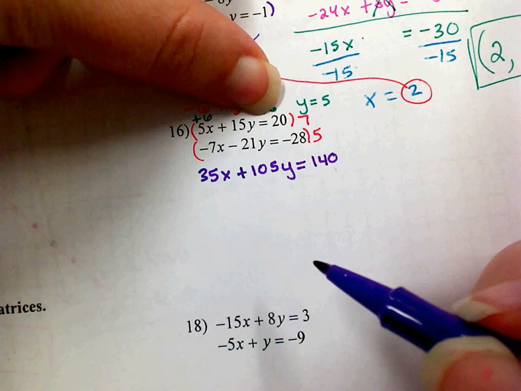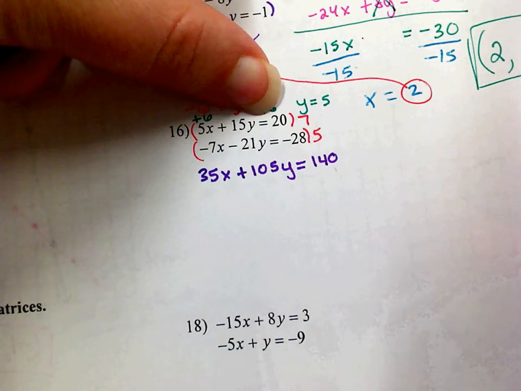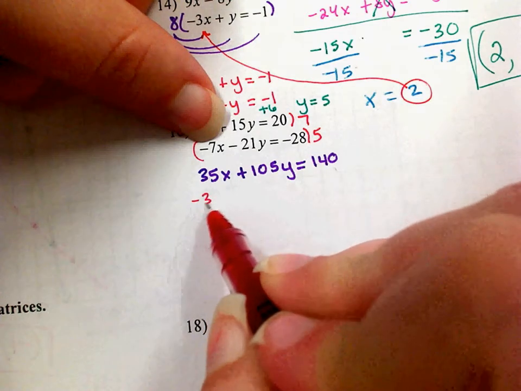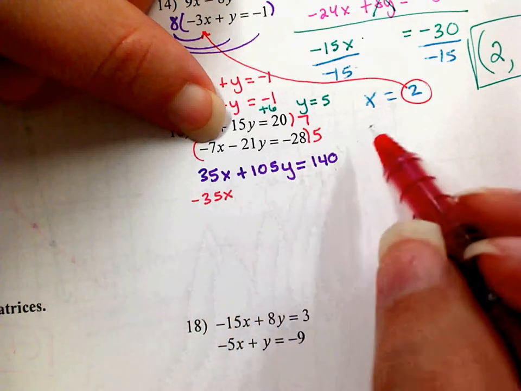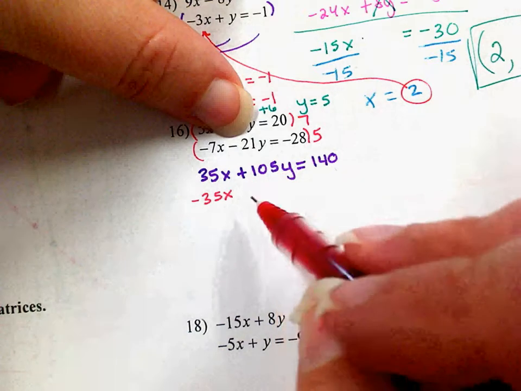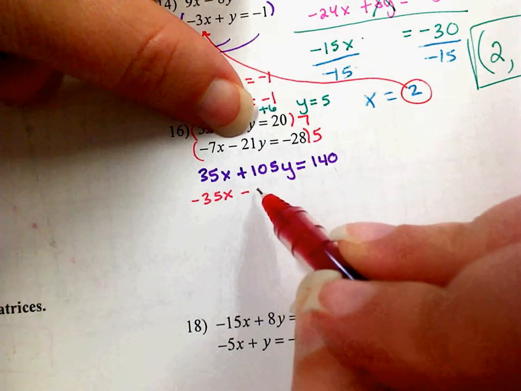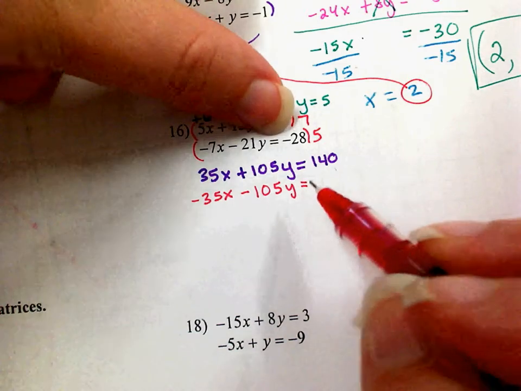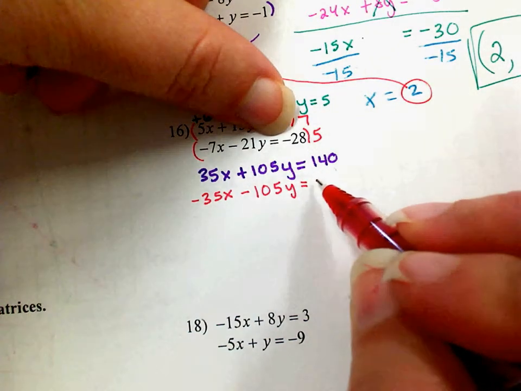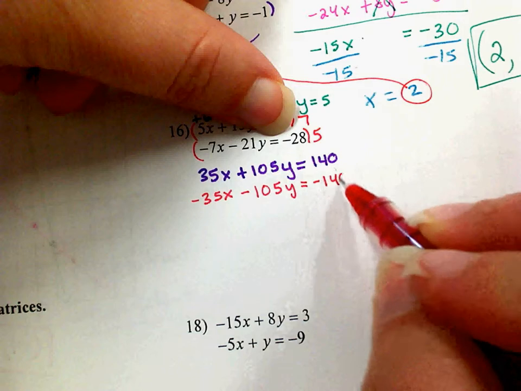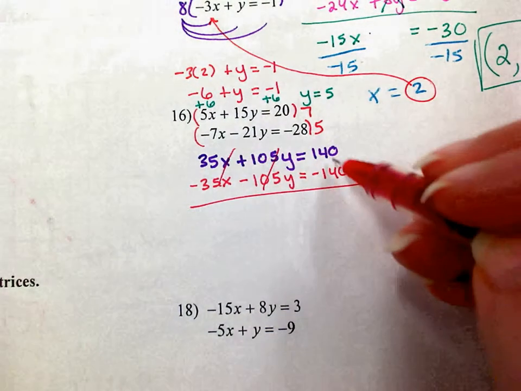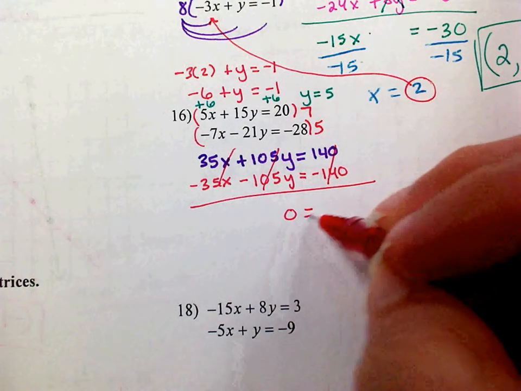So what's 5 times negative 7? What is 5 times negative 21? Negative 105? What is 5 times negative 28? Negative 140? What happens to everything? Everything? Are you sure? Because I feel like it's 0 equals 0. Infinite solutions.